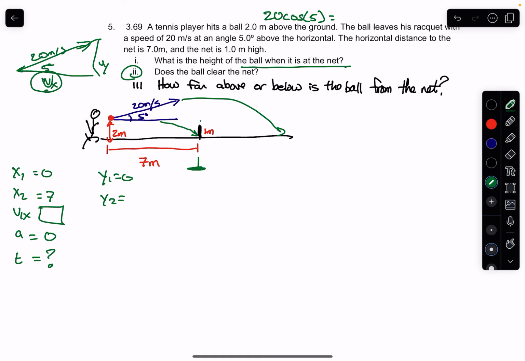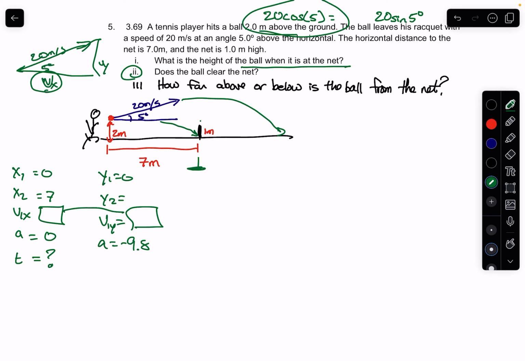And then we'll say v1y, and that's going to be similar to this, except it will be 20 sine of 5 degrees, right? And so, what did I do? Let me think about this. Well, let's keep going. A is negative 9.8.